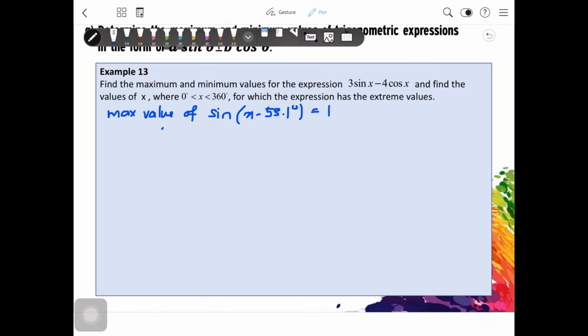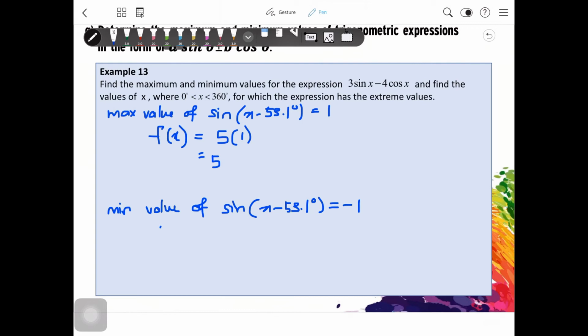If you put it into the f(x) function, you have 5 times this 1, which gives 5. Another one is the minimum value of sine (x minus 53.1 degrees), which is negative 1. So f(x) equals 5 times negative 1, which is negative 5.